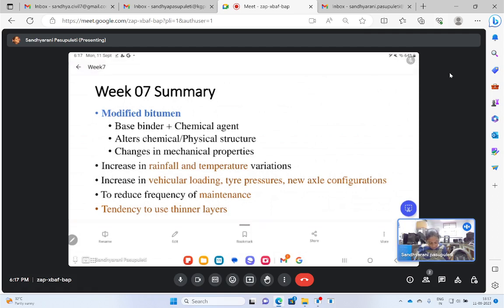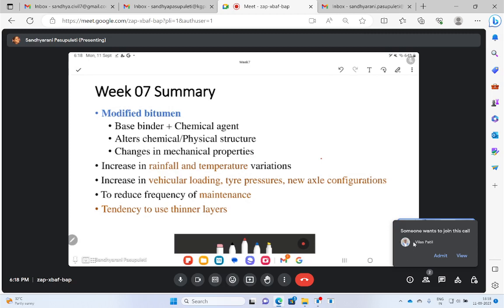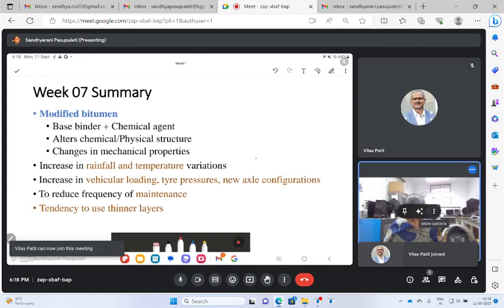So why do we need the modified bitumen? We already have the conventional bitumen, like VG30 and VG40, which we use.